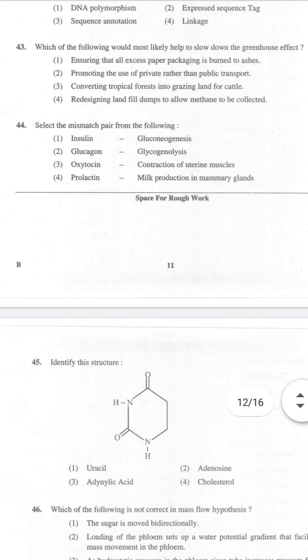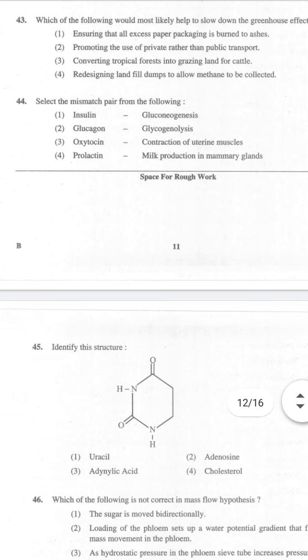Select the mismatched pair from the following. Option 1, insulin. Option 2, glucagon. Option 3, oxytocin. Option 4, prolactin. With respect to the matchings as follows: insulin, gluconeogenesis.